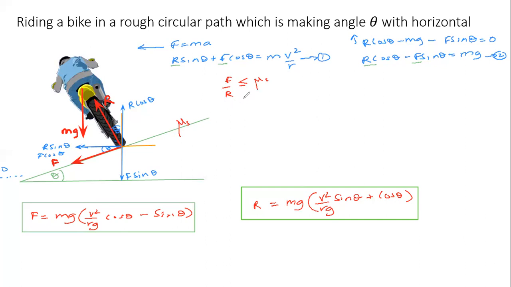Let's do the simplification here. F is mg v squared over rg cos theta minus sin theta, this whole thing divided by r, which equals mg v squared over rg sin theta plus cos theta.